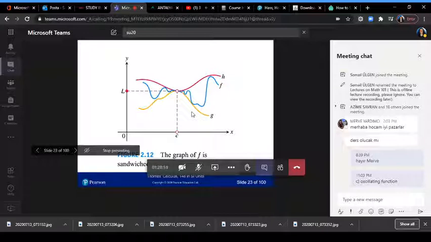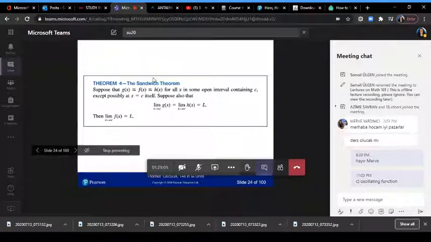They all have the same limit around c, because f is squeezed between h and g. We sometimes call it the squeeze theorem as well. Sandwich theorem, squeeze theorem. In Thomas's calculus it's called the sandwich theorem. Squeeze theorem, you can see that as well.